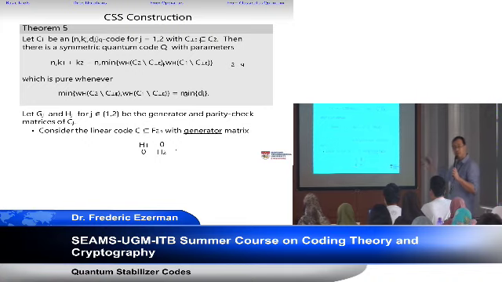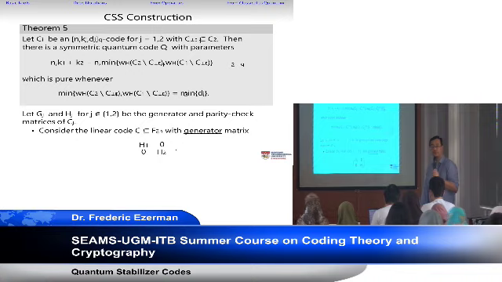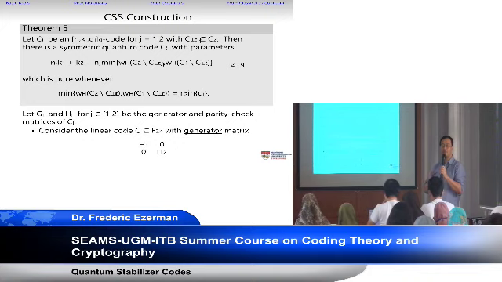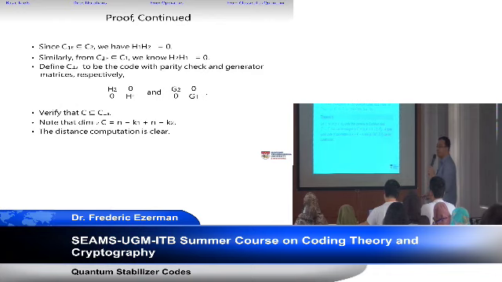Again, the proof is connecting it to that main theorem, so this is called the CSS construction. CSS is strictly inside stabilizer. So there are stabilizer codes that you cannot construct using CSS. That's a proof.